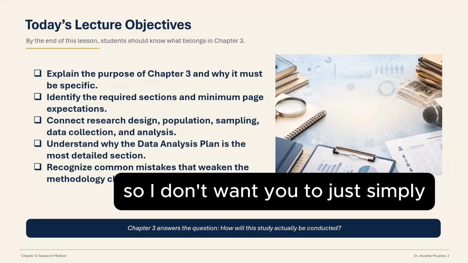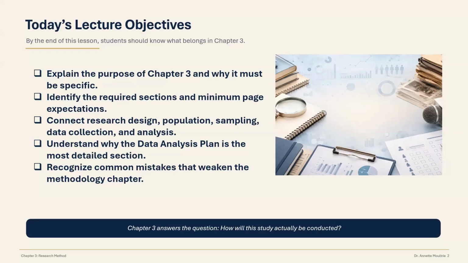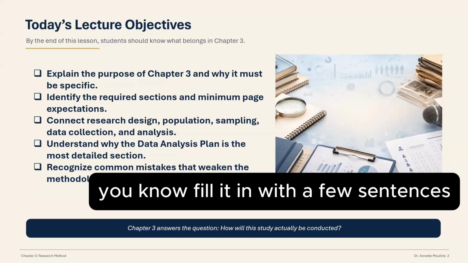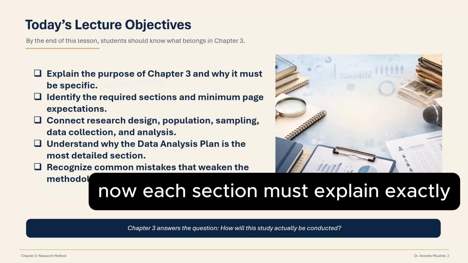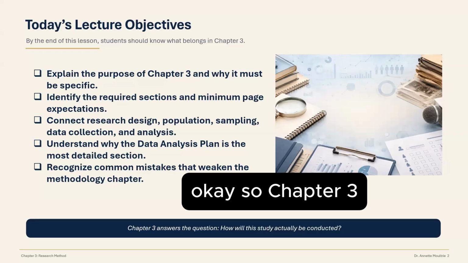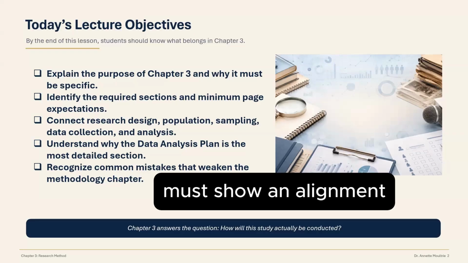So I don't want you to copy the template headings and fill it in with a few sentences. Now, each section must explain exactly what you will do and why. Okay? So Chapter 3 must show an alignment.